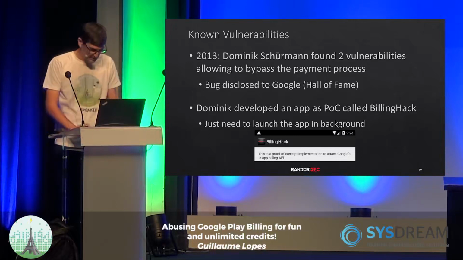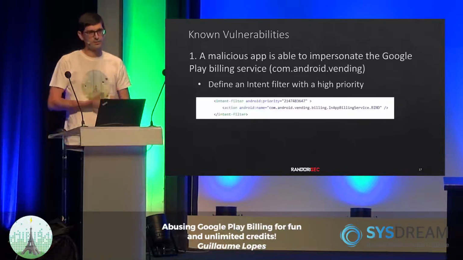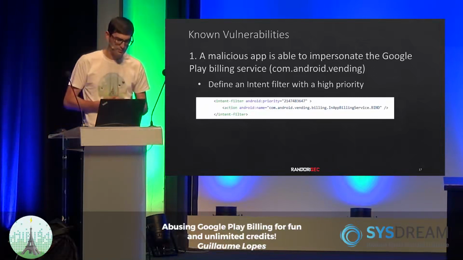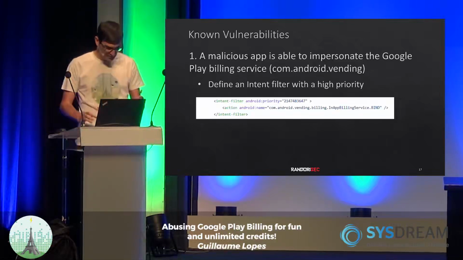So let's have a look at the first one. As I said before, to start a payment, you need to send a message, which in the Android world means an intent, to the Google Play app to initiate the payment process.